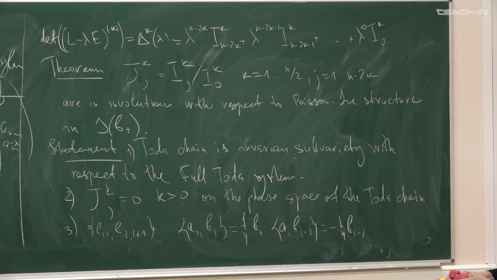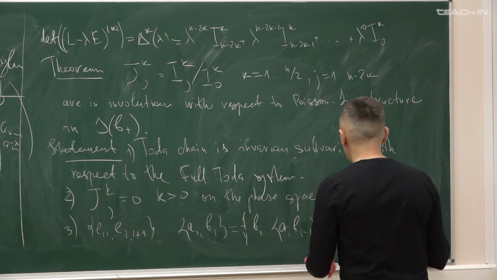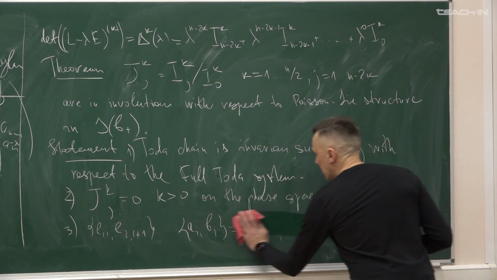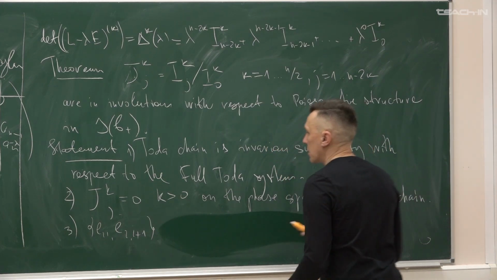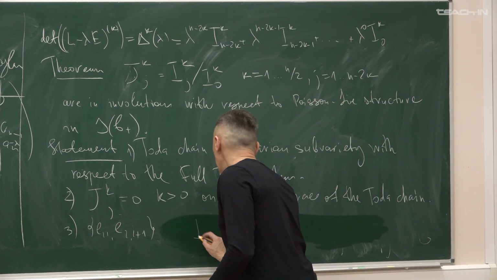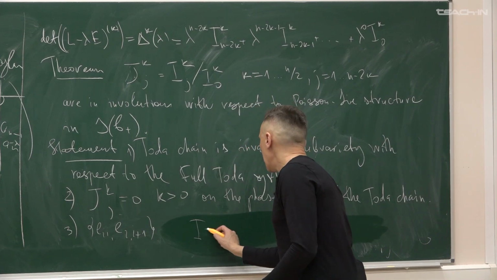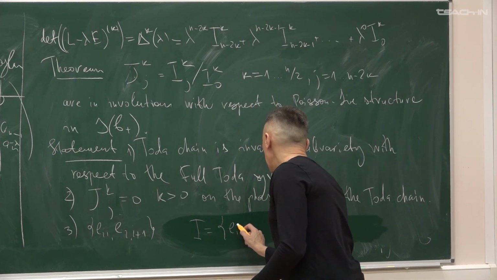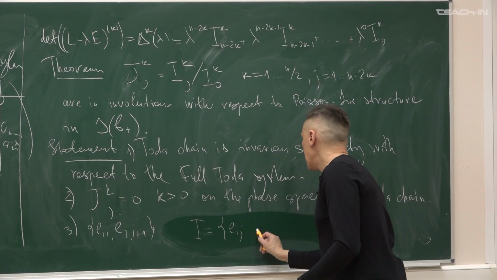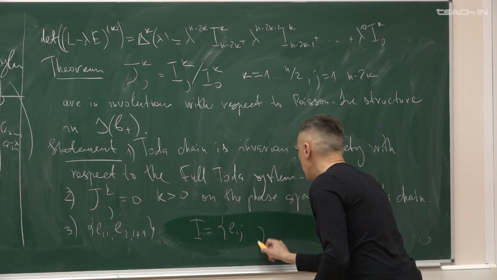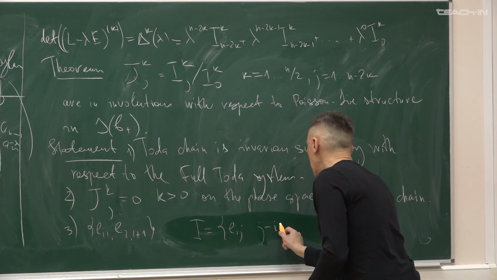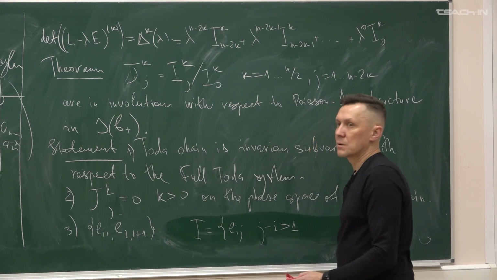How to formalize this? I'd like to consider the ideal which is generated by E_ij such that j minus i is greater than 1.